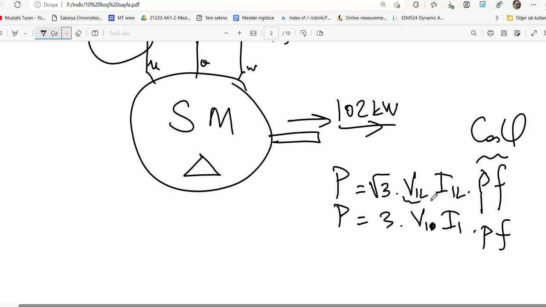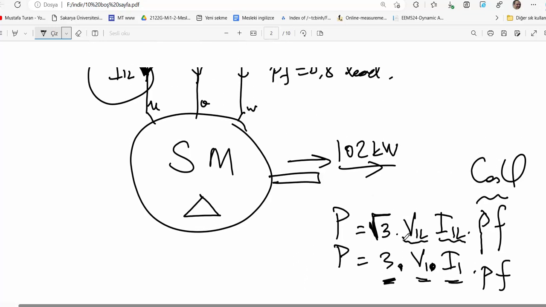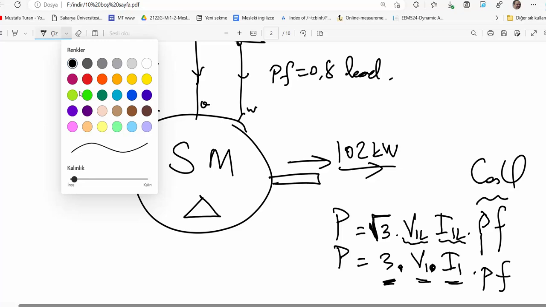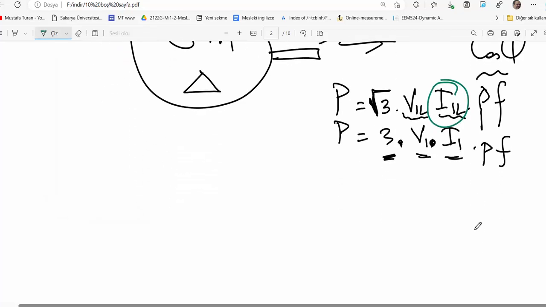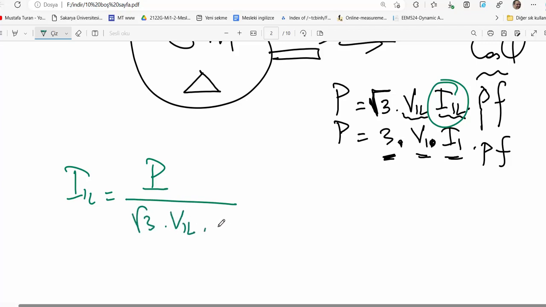If you use line parameters, you should use root 3. If you use single phase parameters, you should multiply the result by 3. Now it is easy to use line parameters here. So line current is electric input power over root 3 times line-to-line voltage and power factor.